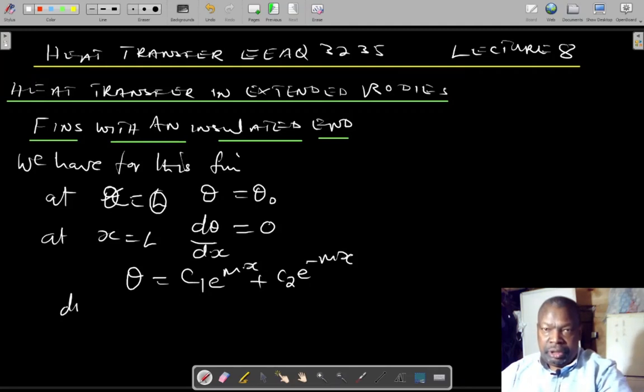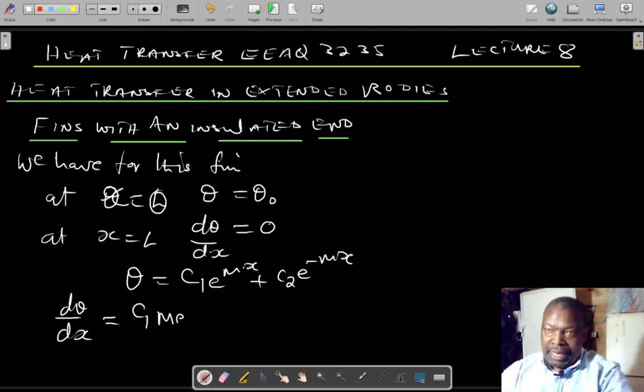So let us differentiate the above equation with respect to x. d theta by dx is equal to C1 m e^(mx) plus C2 times minus m e^(-mx), so this becomes a minus.